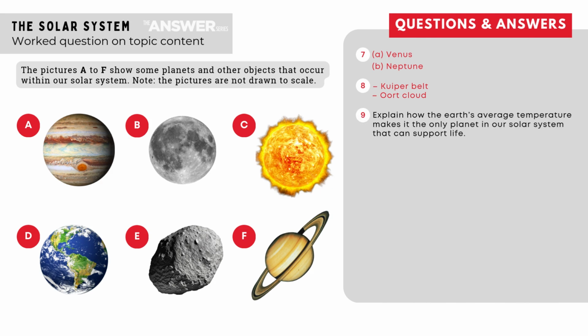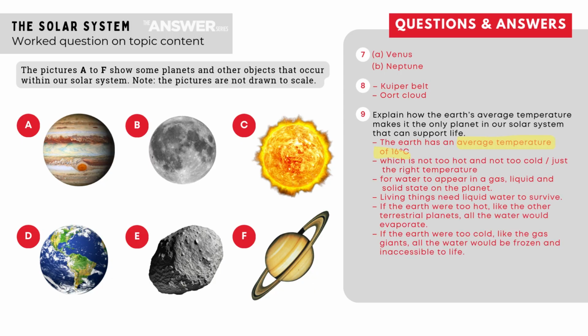Question 9 lastly asks us to explain how the Earth's average temperature makes it the only planet in our solar system that can support life. Here we're specifically going to comment on the temperature range and how that affects life on our planet. Earth has an average temperature of 16 degrees Celsius, which is not too hot and not too cold.